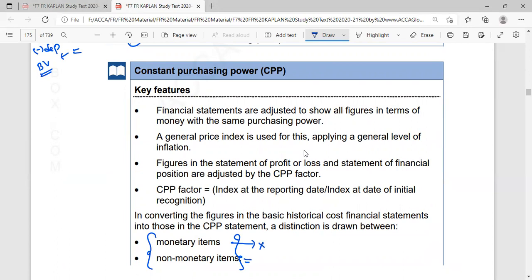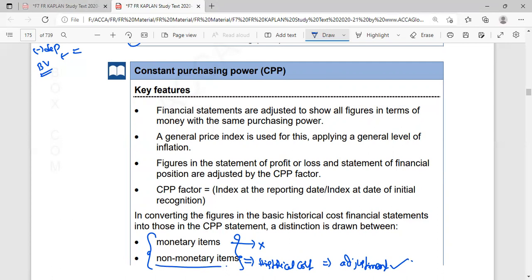But non-monetary items are recorded at historical cost or at cost less depreciation, so market fluctuations are not considered. Adjustment for the change in the value of money is required in case of non-monetary items.